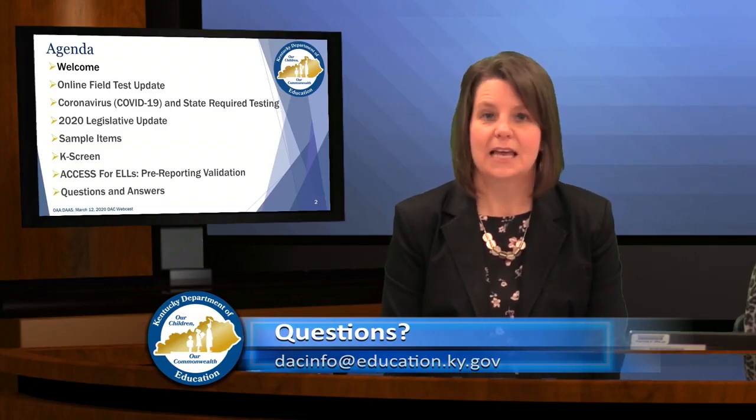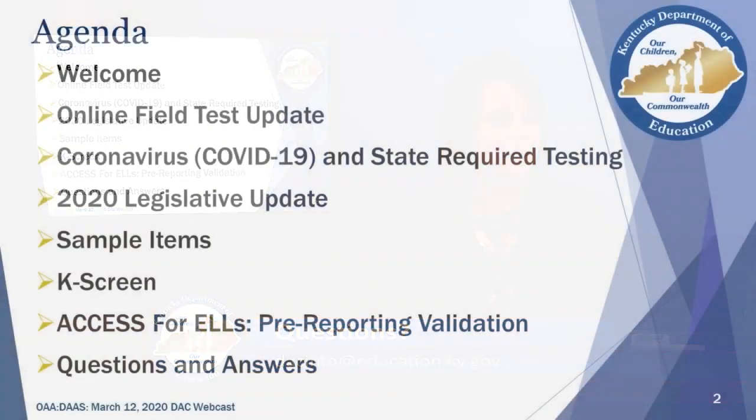The agenda for today is lengthy, so we do think that we have a good bit of time today with you. The first agenda item is the online field test update. We want to let you know how successful it was. We also want to spend some time on the impact of coronavirus on state-required testing. We've been working with our testing vendors, and we want to bring you some updates as we know them today.